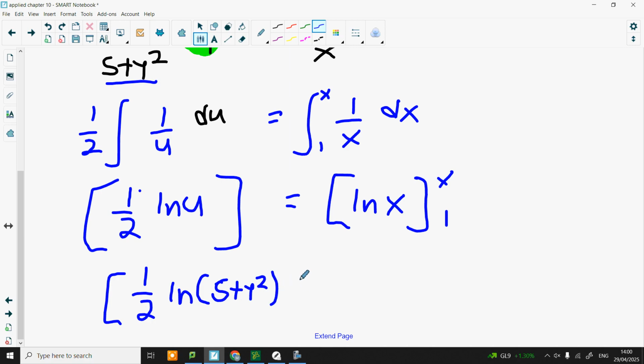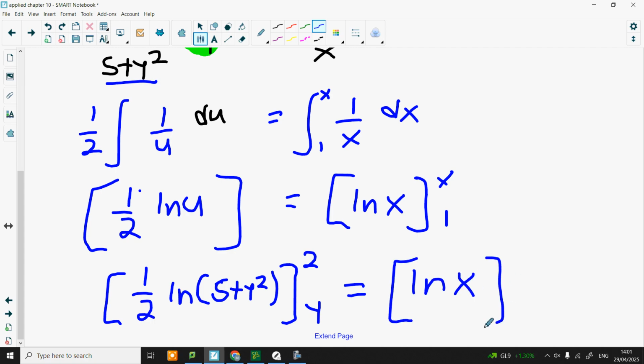Is it lagging? And then 5 plus y squared, okay? And then what's the limits of the y again? 2 and y. That's x and 1.